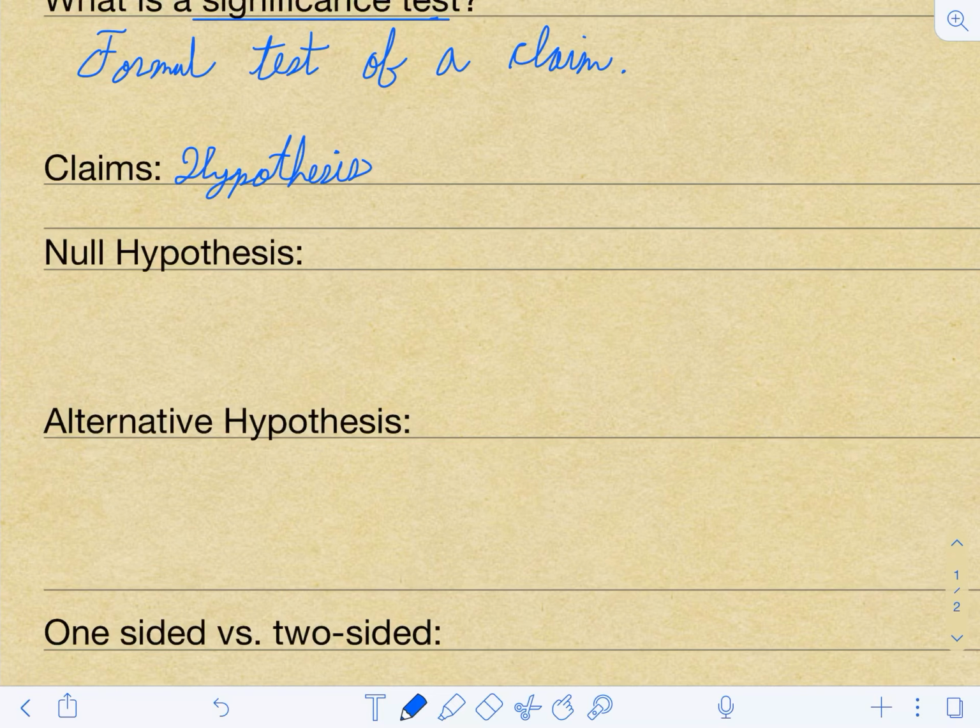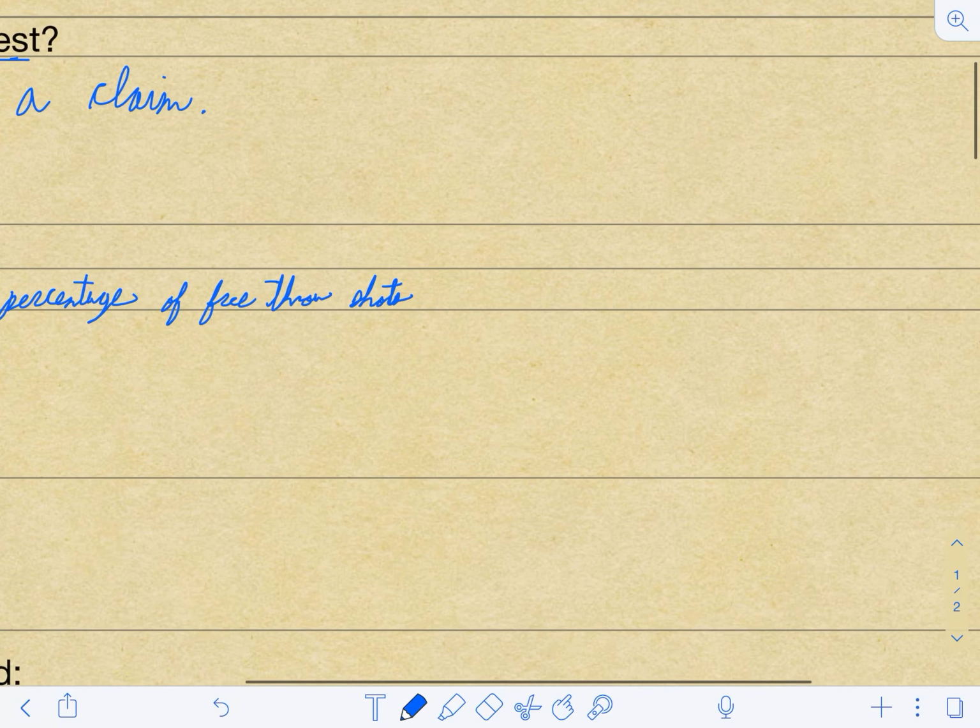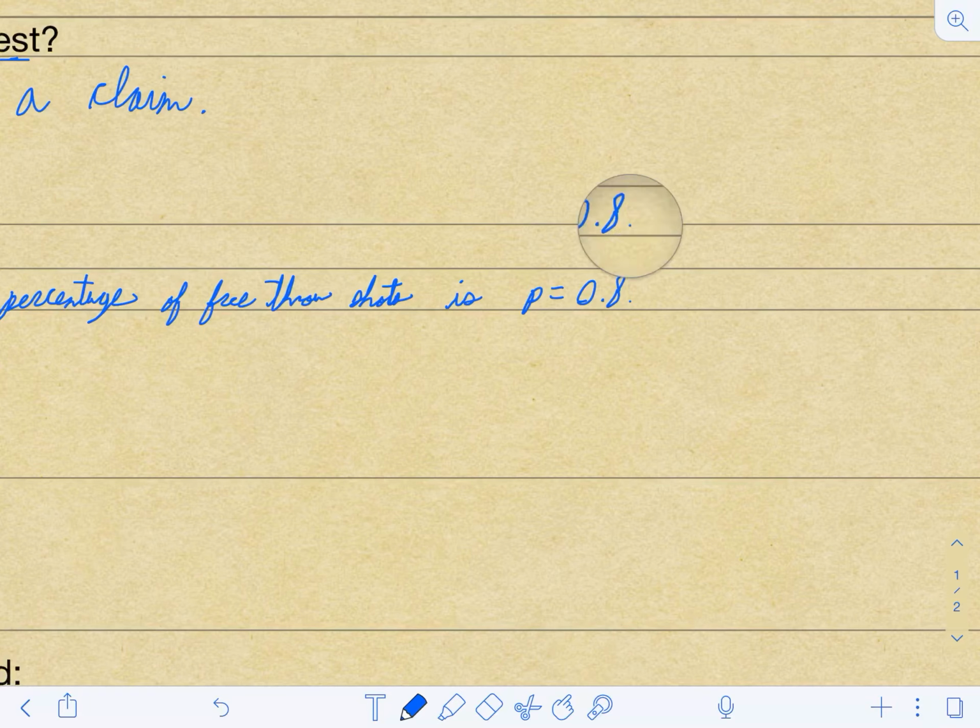For example, the percentage of free throw shots is, and I forgot what the number was, p equals 0.8. Okay, that would be something like a null hypothesis.